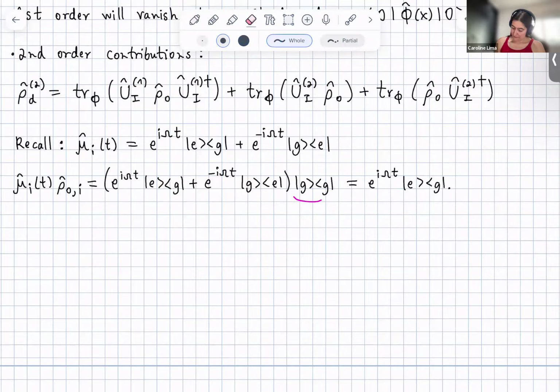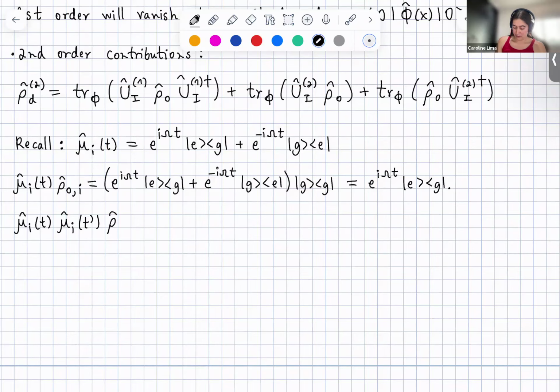Now, if I compute mu I of t times mu I of t prime times rho initial, well, if I look at what I just computed, I can get this result by just swapping t and t prime, right? So here, I'll just copy the first one. The first one is going to continue the same.